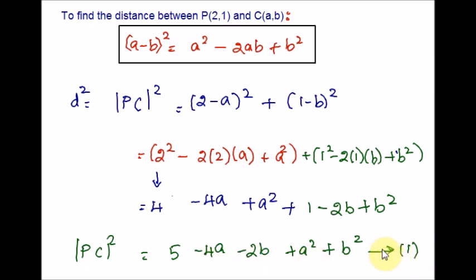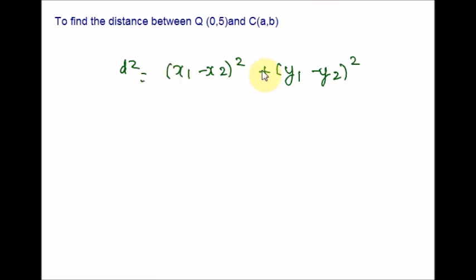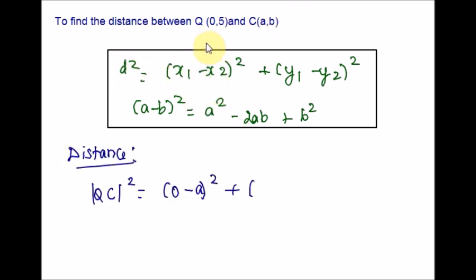We are going to do the same thing for the other 2 radii, for QC and RC. Q is 0, 5. We are going to apply the distance formula and the (a minus b) whole square formula. Now let me plug in the Q and C values in the distance formula: x1 and x2, y1 and y2, 0, 5 and A, B. Here we apply the (a minus b) whole square formula for both parentheses.